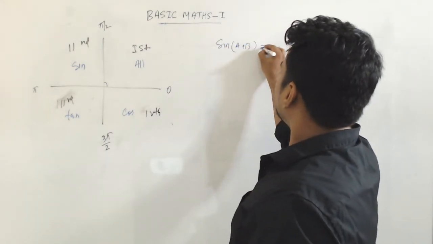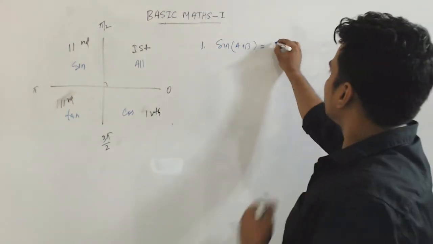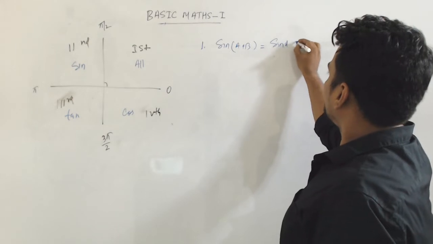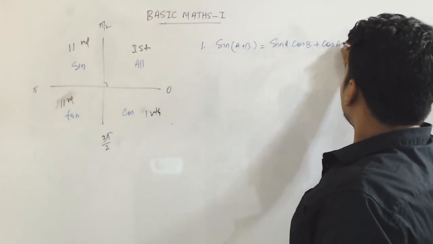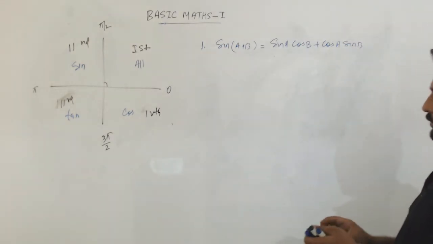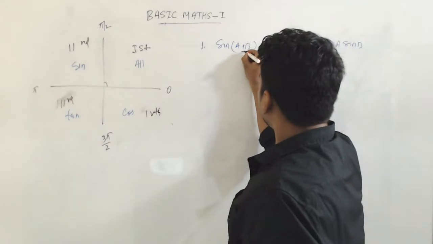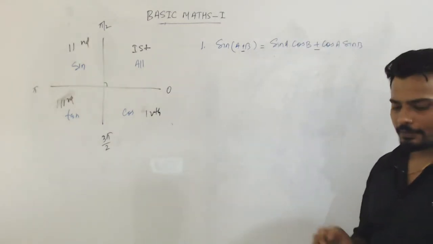You must know that. That is formula number 1. Sine of a plus b is given as sine a cos b plus cos a sine b. And if you have a minus over here, I'm going to replace that also with a minus sign. No big difference.